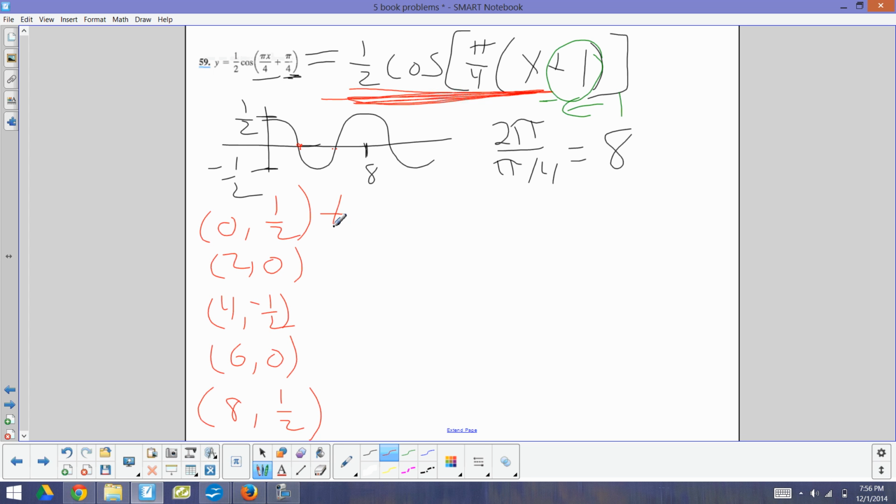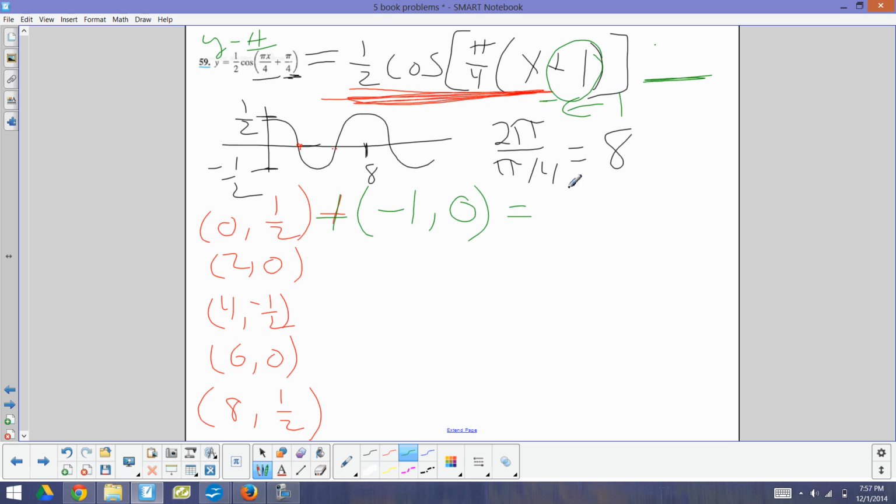Now my movement. I'm going to do that in green since I circled it in green. I will add -1 in my x direction. There's no y minus a number, so y movement is nothing.